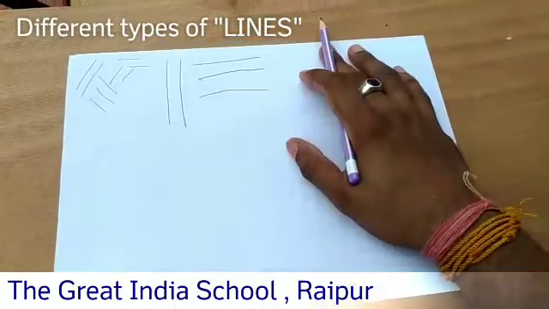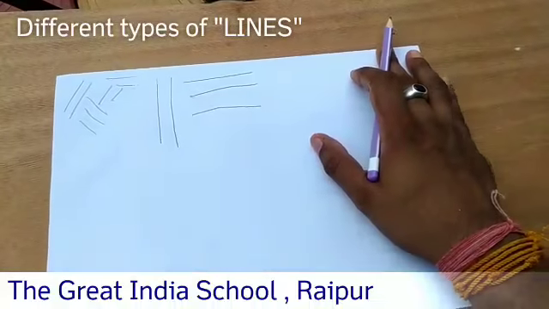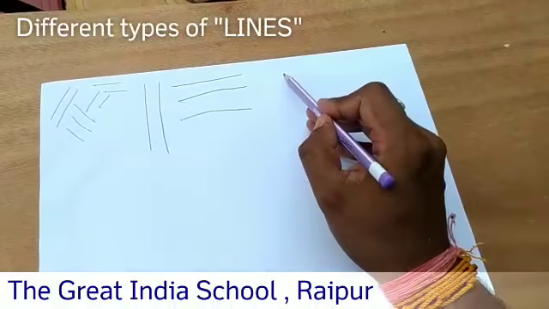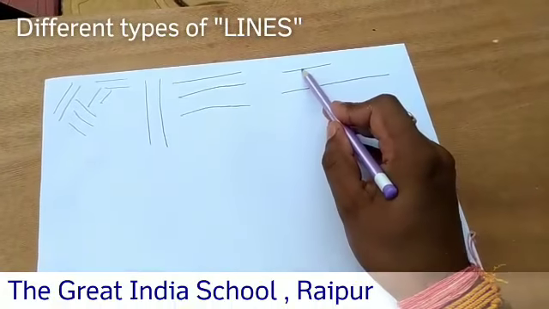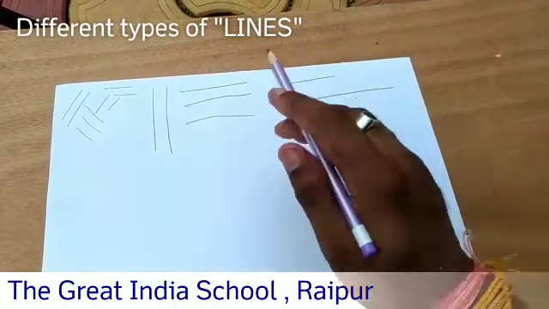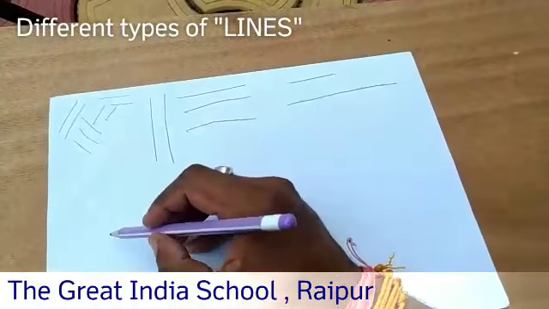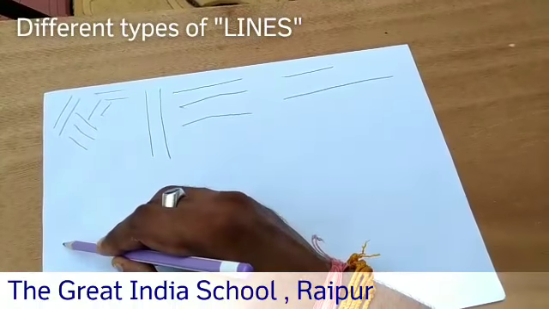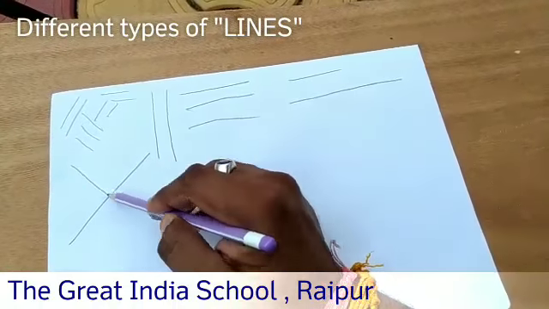Next will come short and long lines. This is the short line and this is the long line. This is shorter than this line, so this is the short line, this is the long line. Next will come diagonal lines. Diagonal lines mean corner to corner, like this is a diagonal line, this is another diagonal line.